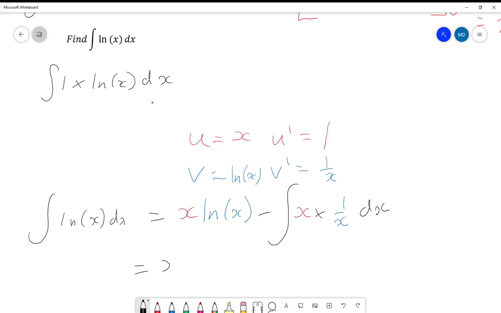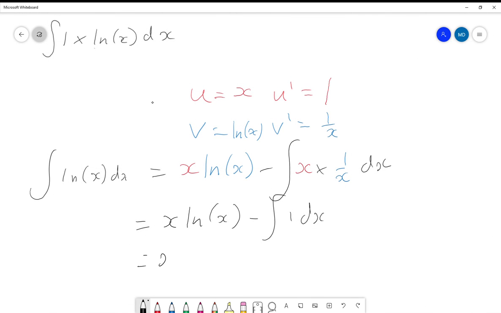And so this is x ln of x minus the integral of 1 dx, which is just x ln of x minus x plus c.